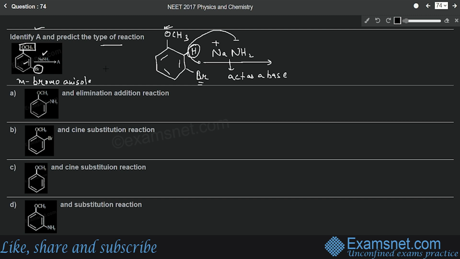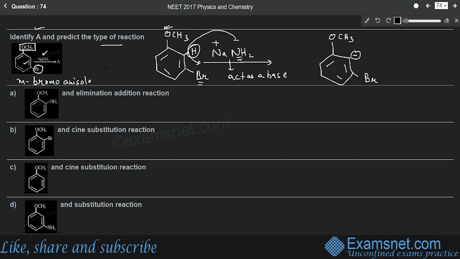This NH2 will take hydrogen from here and become NH3, right? And what will be left on the ring? This is the benzene ring. Here we have the methoxy group as it is, and here we have bromine as well. Now hydrogen has been removed, so here a negative charge is present, and this NH2 has become NH3, ammonia.